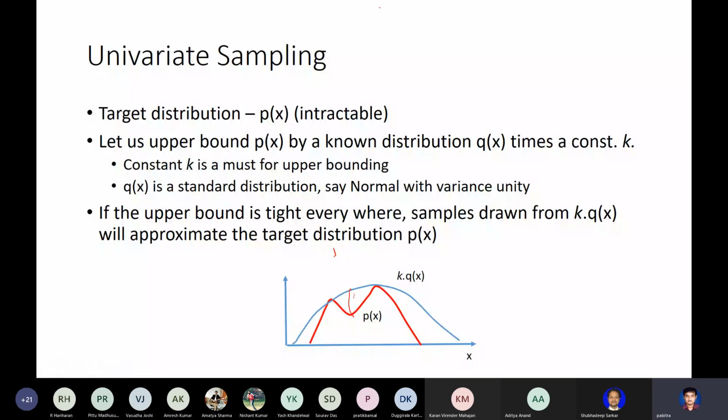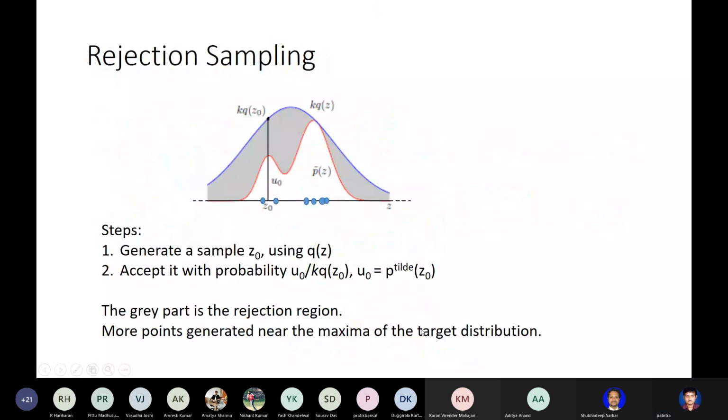Let us try to do it this way. In the region where the upper bound is tight, we accept the samples from there. And in the region where the upper bound is not tight, we do not accept the samples, because they are bad approximations. This method is known as rejection sampling.